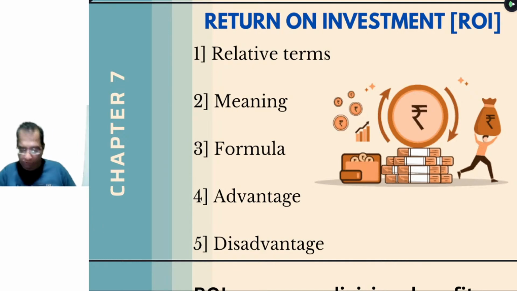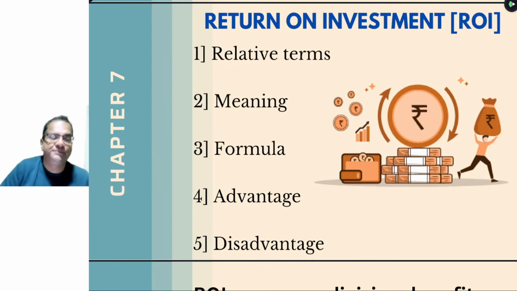So please write down the very first point, beta. Give the heading first: ROI, return on investment. In brackets, write ROI.